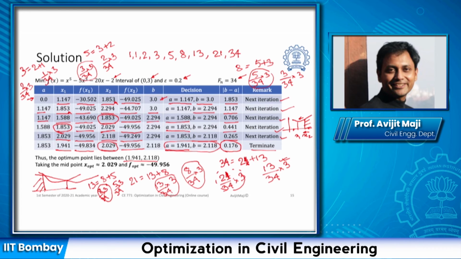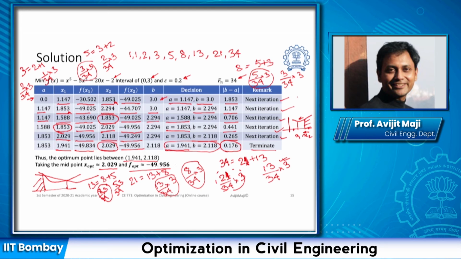We can say that our optimum point is expected to be very close to this, or roughly it is going to be 2.029, and the objective function value is going to be 49.956.